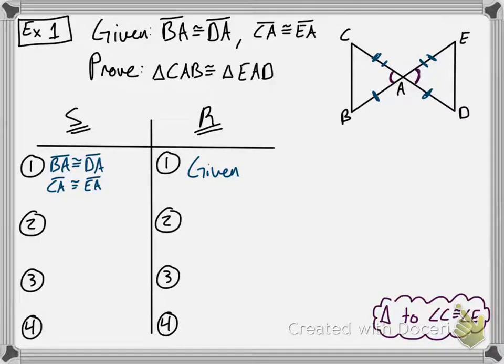So we're going to write down that angle A, which would be BAC, is congruent to angle DAE, by the vertical angles theorem.